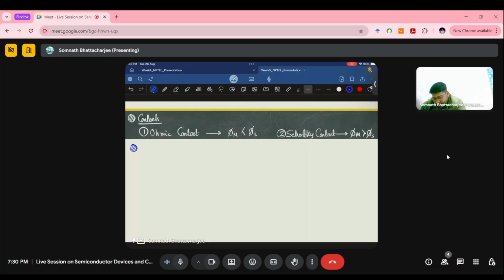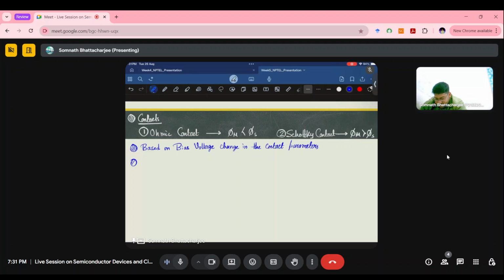After that, we have learned that if we introduce a bias, let's say a reverse bias or a forward bias, there would be several changes in the contact parameters. We have also derived those things.